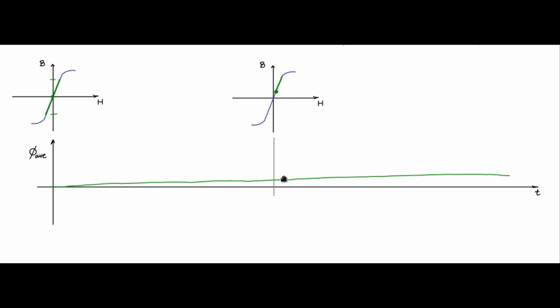I have shown it positive, but of course it could also be negative, with the flux decreasing. You will see that the swing will still be about that average flux operating point, and it is near the top end, on the positive side.